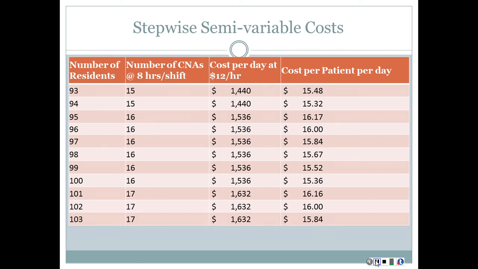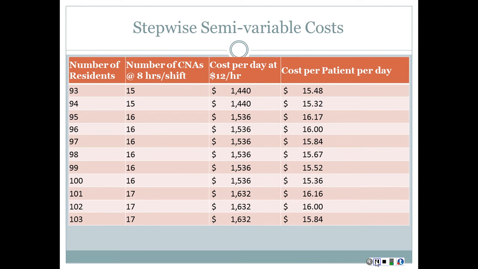However, again, we jump up to 101 residents, we add another CNA, and we're up to $16.16 per resident per day. And then again, we're losing money because the cost per patient per day is greater than what our reimbursement is, and it takes us up until we get up to 103 residents again to break even at $15.84.